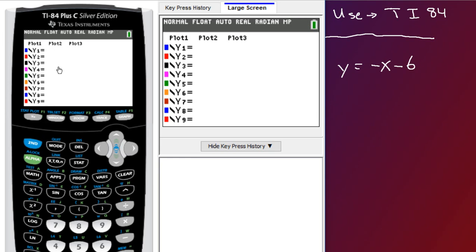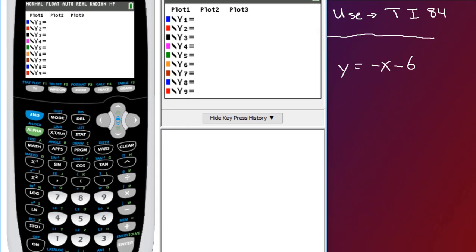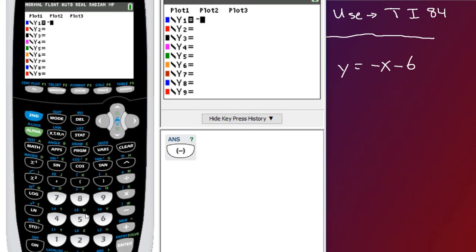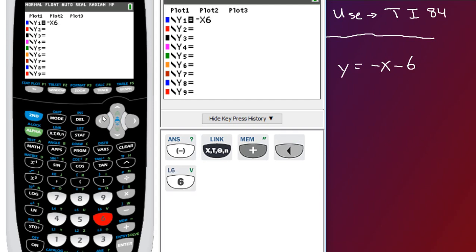So I'm going to type this in. I'll just type this first one in, it is negative x minus 6, and I don't see my negative key. There it is. Negative x plus, well, it's actually not plus 6, right? It is minus 6.